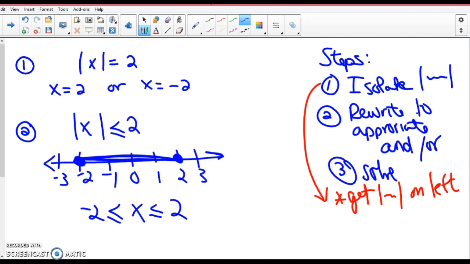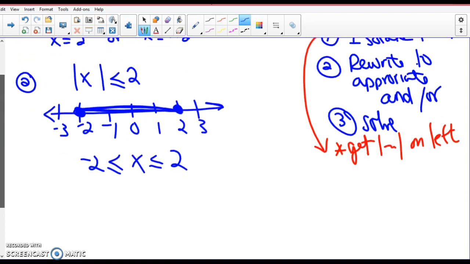That is the rewriting part. Why do we rewrite it that way? Because these are the numbers that are going to make it true. Between negative 2 and 2, that's true. That is an and statement. And then I would solve from there. So when you have an absolute value less than a number, it becomes an and statement.